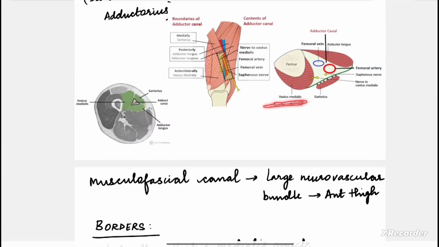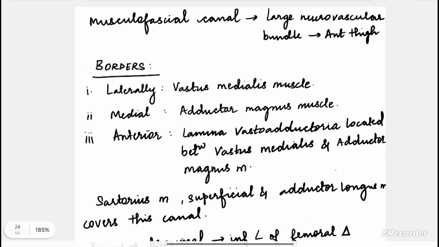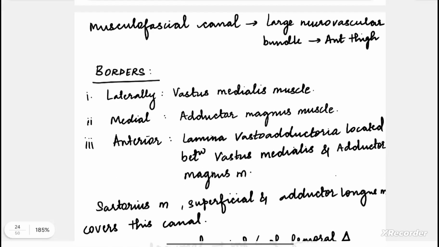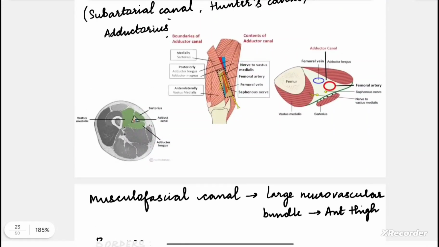See, vastus medialis. Adductor magnus muscle. Anteriorly there is the lamina vasoadductoria located between vastus medialis and adductor magnus muscle.